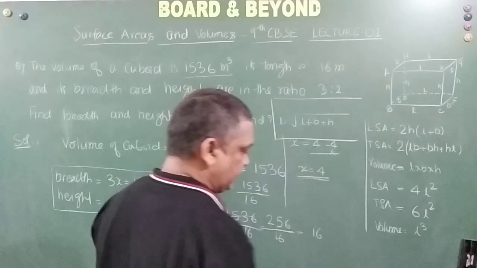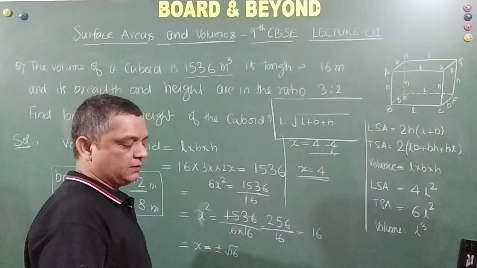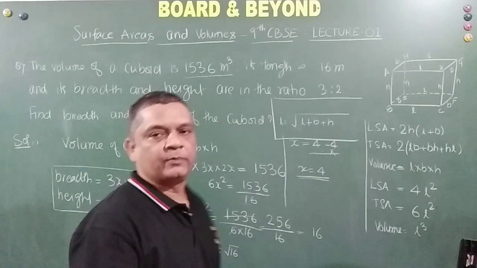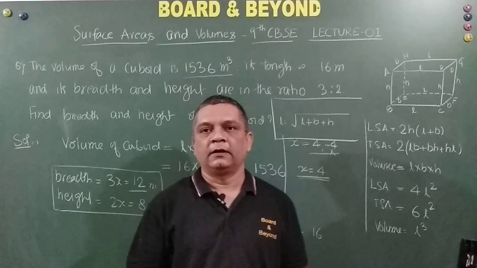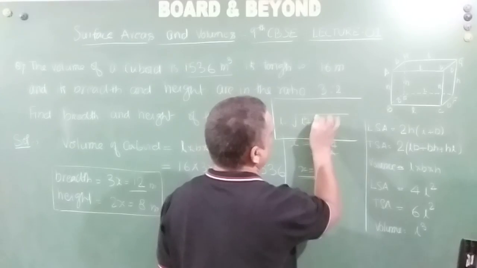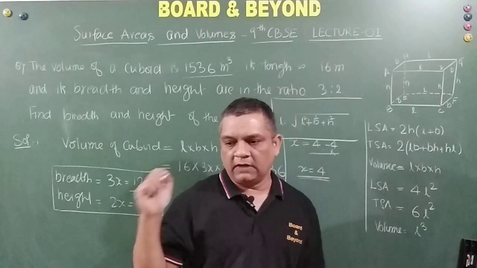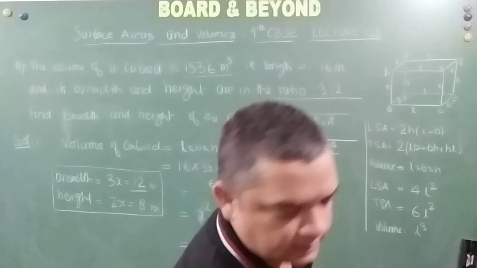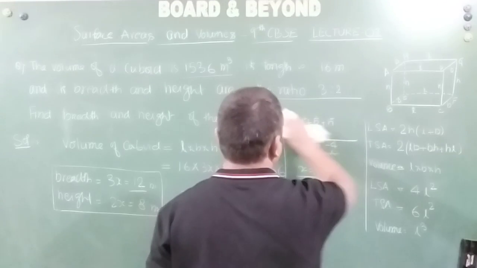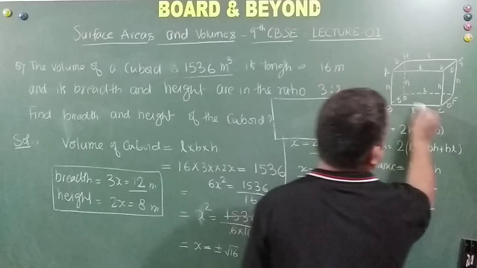Maximum length is the square root of L square plus B square plus H square. I'll just confirm this in the next class, but we can actually derive it also very quickly. So this is length, this is breadth.